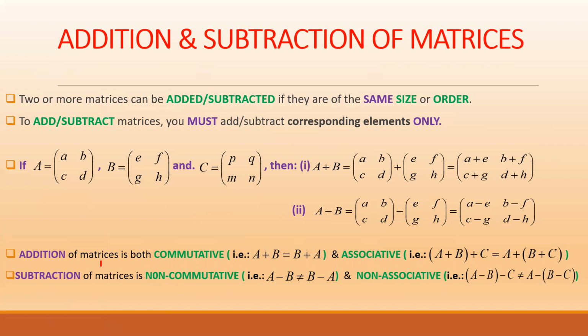So first, let us look at addition and the commutative property. Now, before I apply the commutative property to addition of matrices, let us first draw back our attention or our memory to the real number world.